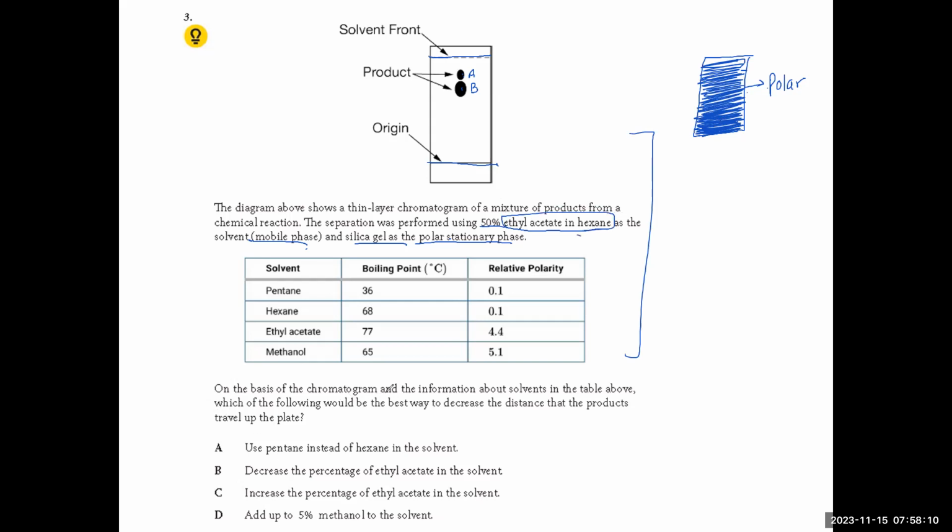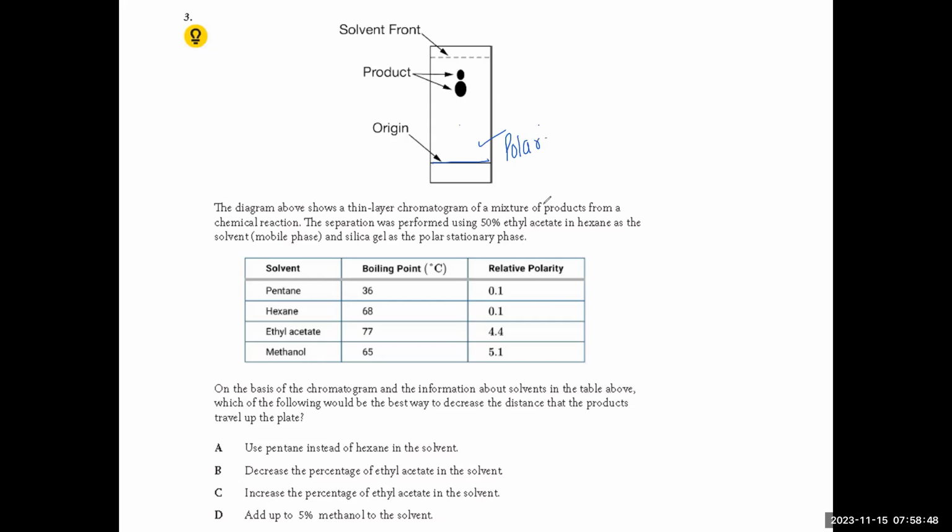So on the basis of the chromatogram and the information, which of the following would be the best way to decrease the distance that the products travel up the plate? Can you see that products are traveling quite high, right? They want the product to be slightly closer here. This is polar, right?